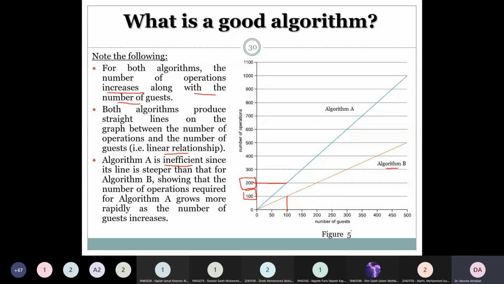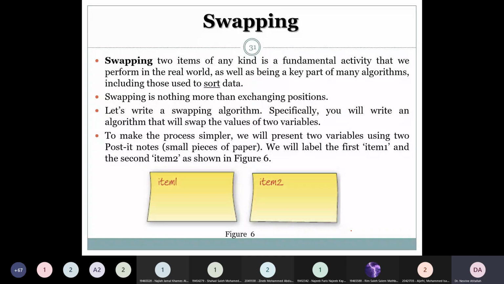Okay, so let's move now to another topic, swapping. Swapping two items of any kind is a fundamental activity that we perform in the real world, as well as being a key part of many algorithms, including those used to sort data.